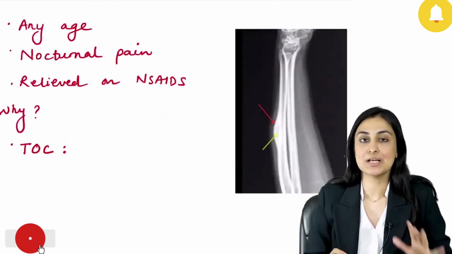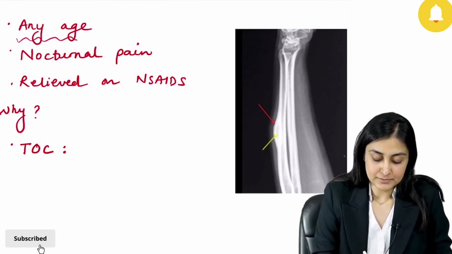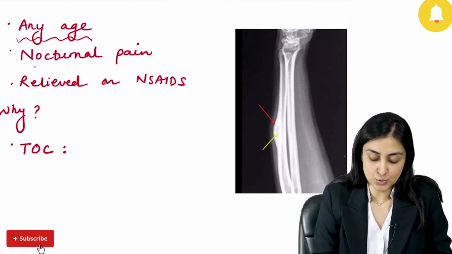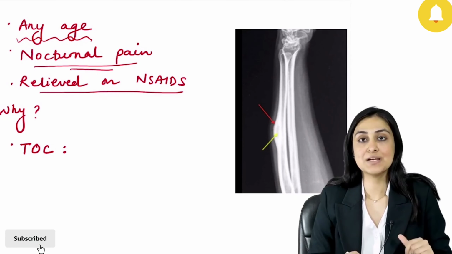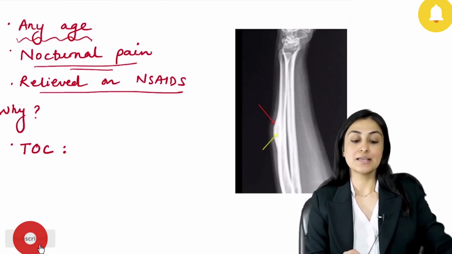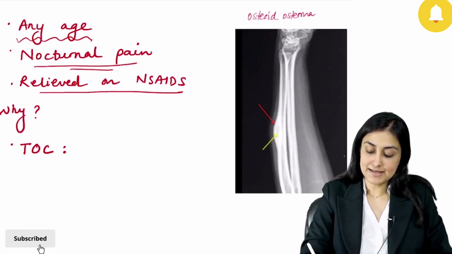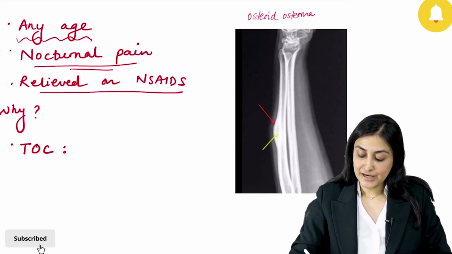Okay, so let's have a look at the first diaphyseal tumor. Here, the person can belong to any age, so it can be an adolescent or a middle-aged adult who has nocturnal pain which is relieved on NSAIDs. This is a typical history that you will get in the case of osteoid osteoma. When you hear this clinical history, you look at the X-ray and what do you find? You find a diaphyseal lesion, in the shaft of a long bone, with a sclerotic region.